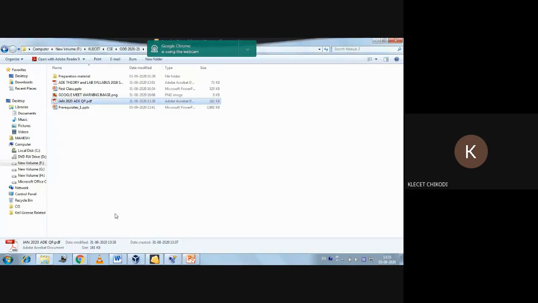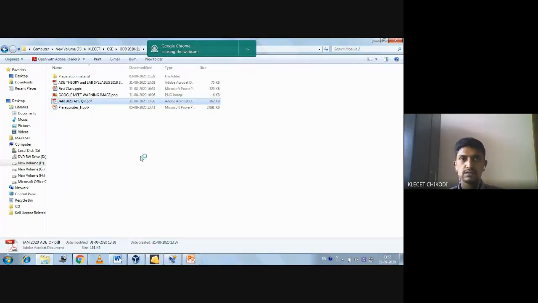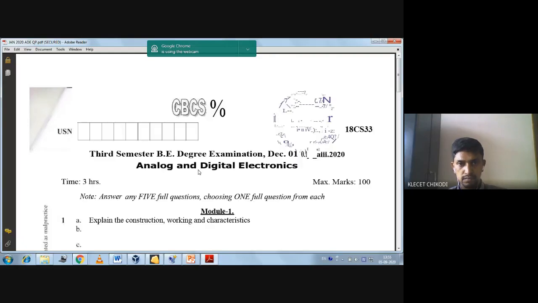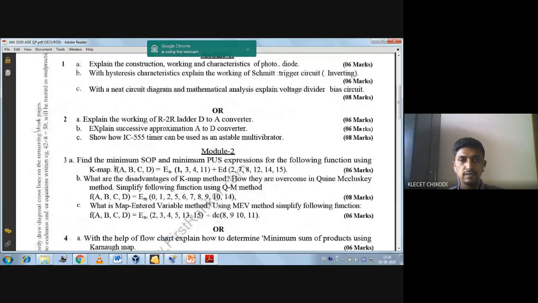I will show you how the question is. Okay, in module 2 you can see they have given f of a b c d, with 1, 3, 4, 11.